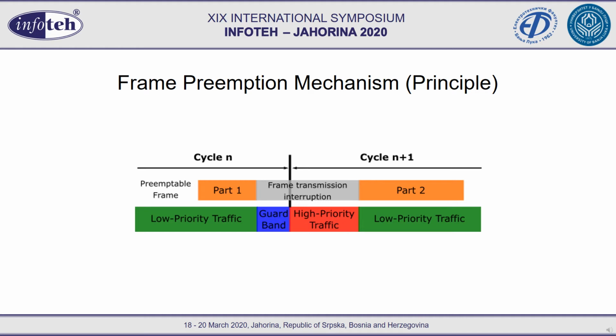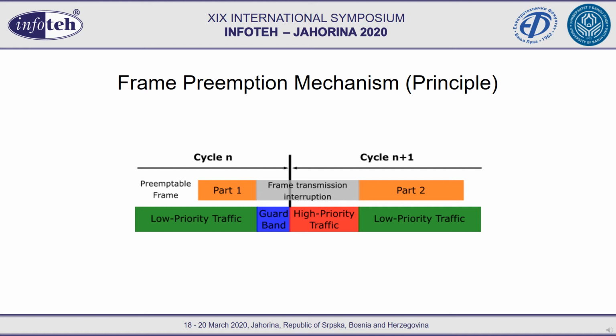So in order to reduce this guard band, because it introduces inefficiency in terms of bandwidth exploitation, we must enable a mechanism to preempt sending of a low priority frame when it comes time for high priority traffic to be exchanged.